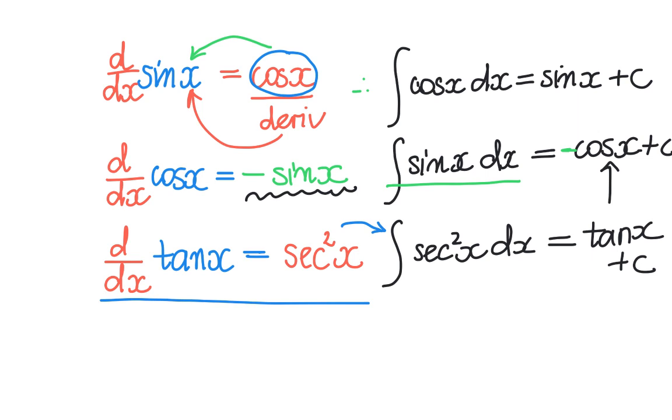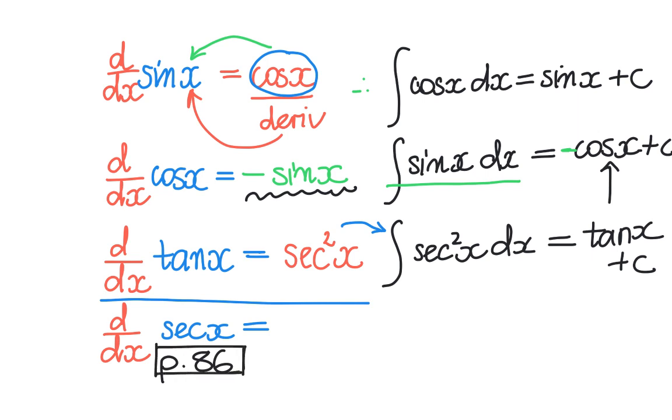So let's look at the last one. What about the derivative with respect to x of sec of x? What's the derivative of sec of x? Remember, in your books on page 86, you've got a table of derivatives. I will be referring to a similar table just now, but you can check it. What's the derivative of sec of x?